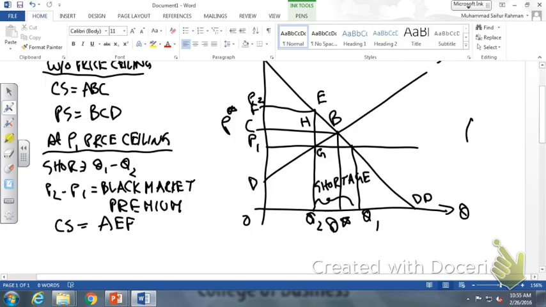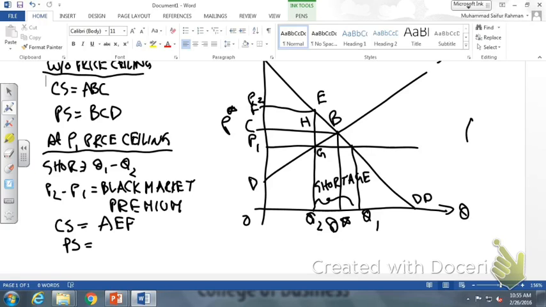We want to understand producer surplus. Producer surplus is the price that our producer receives, which is P1, and the supply curve. So our producer surplus is literally this. Do we all see that? Because P1 is the price that our producer really gets from the market.